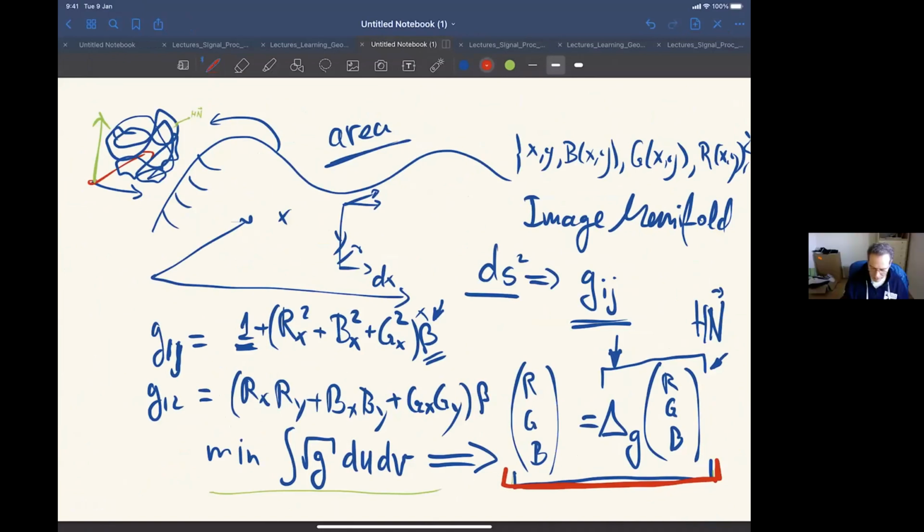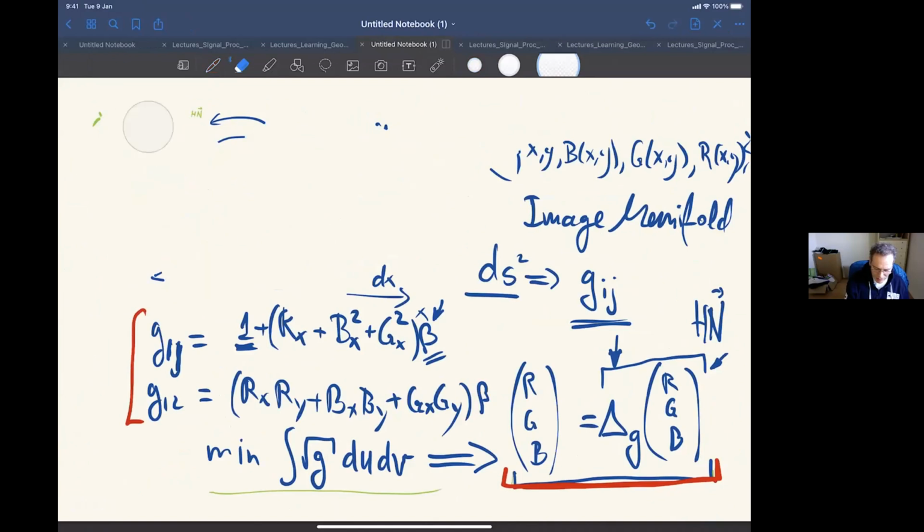No, so wait. Let's look at g_ij formally. g_ij looks like that. It looks like 1 plus the sum over the gradients.